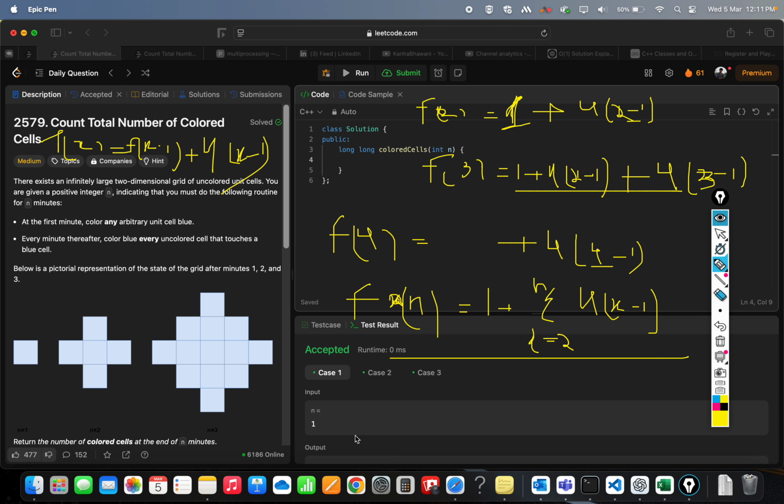Plus this 4 sigma x, and this is 4n, sorry. So this is the formula.